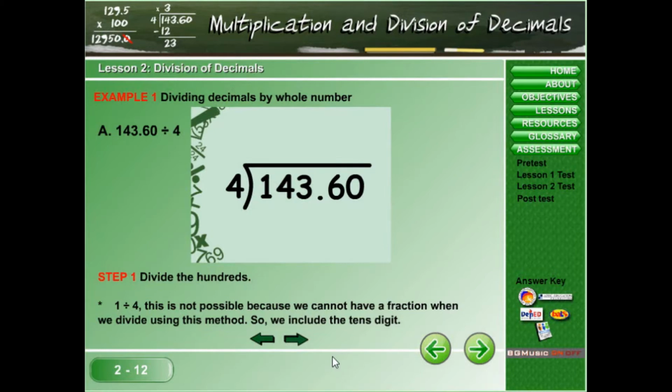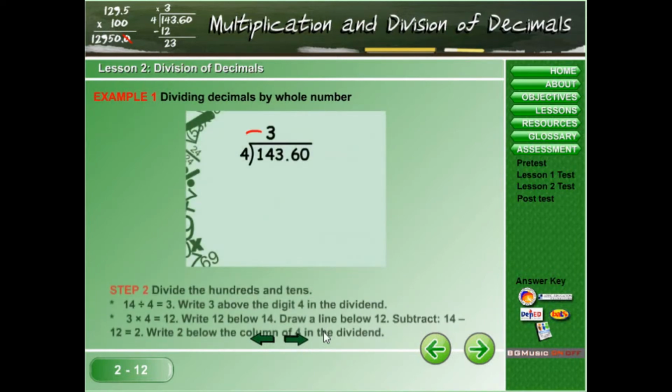Divide the hundreds. 1 divided by 4. This is not possible because we cannot have a fraction when we divide using this method, so we include the tens digit. Step 2.